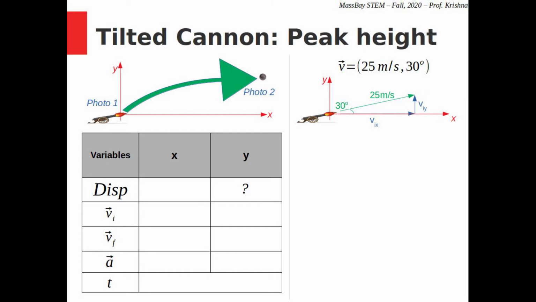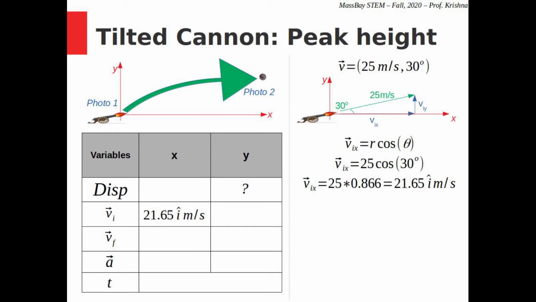If the angle in polar is standardized with positive x being 0 degrees, then the horizontal component of the initial velocity is given as size times the cosine of angle, r cos theta. That's 25 times the cos of 30 degrees. The cos of 30 degrees is 0.866, and 25 times 0.866 is 21.65 meters per second.